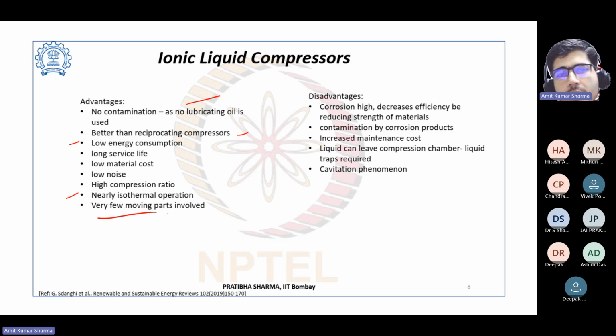But it still has some disadvantages: corrosion is high, which decreases efficiency, and contamination by corrosion products, with increased maintenance cost due to this corrosion. Liquid can leave the compression chamber, so liquid traps are required. Cavitation can also occur.